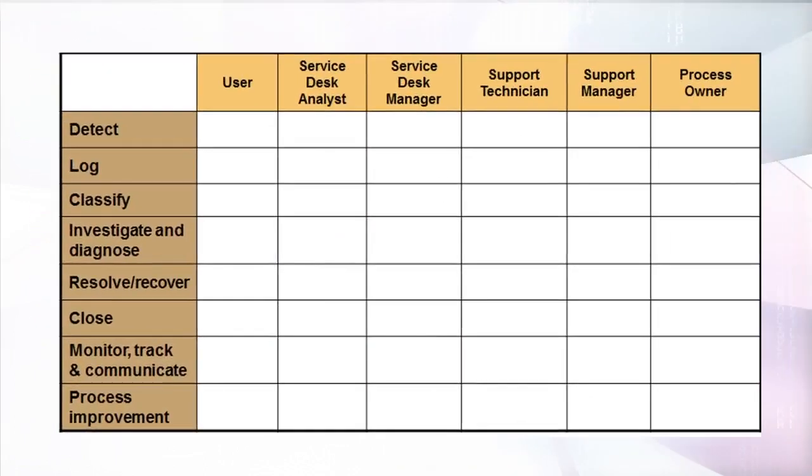This sample RACI matrix is for an incident management process where users call the service desk for help. The sample matrix shows how these 4 roles can be used. Firstly, you notice that there is always an accountable role assigned for every activity, and that it is only one person who is assigned that role.